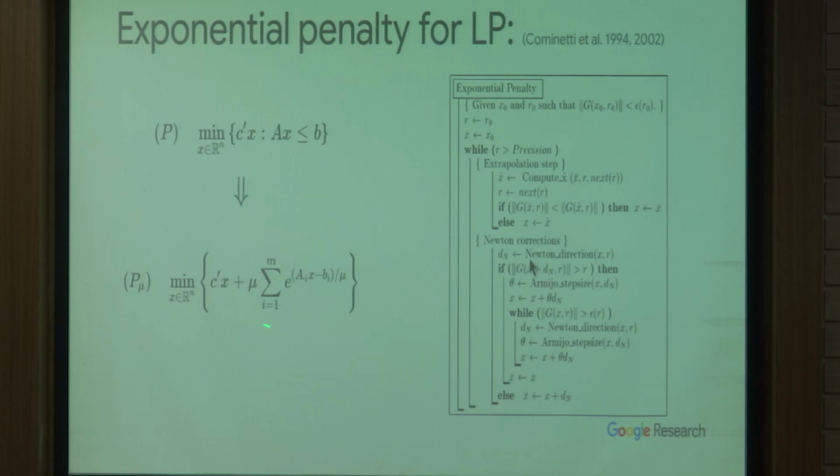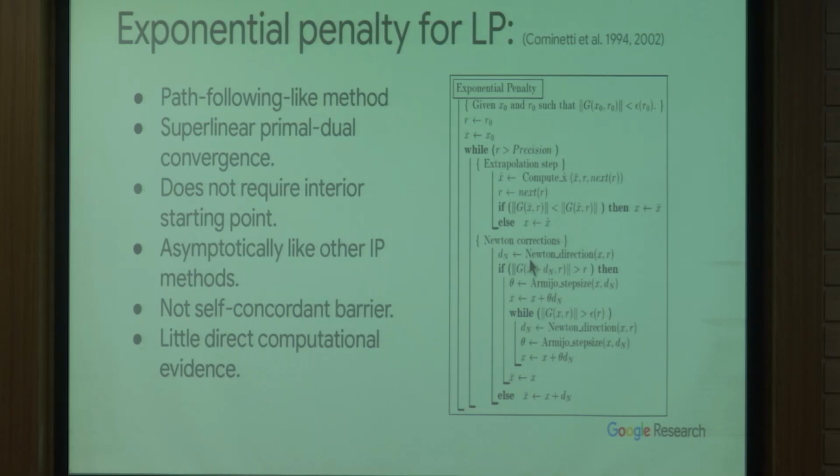You are penalizing all the constraints with an exponential penalization and a parameter mu right there. And he was doing Newton directions, which is in principle not clear how to do if you don't want to do factorizations of your matrices and some other stuff. It's like a path following method. It does have a superlinear primal dual convergence.